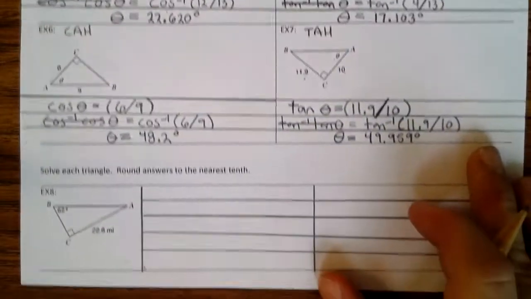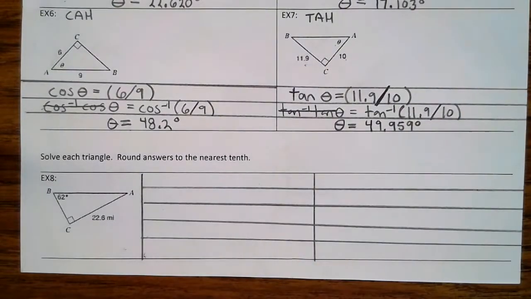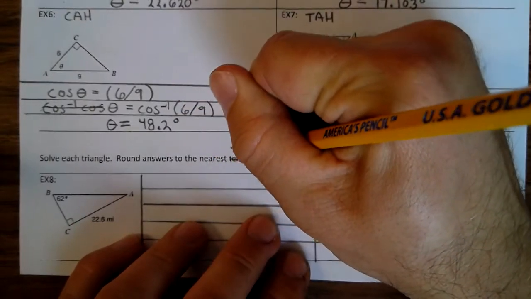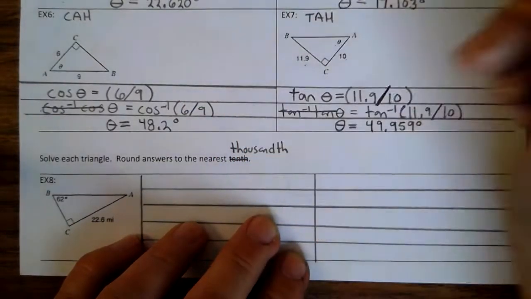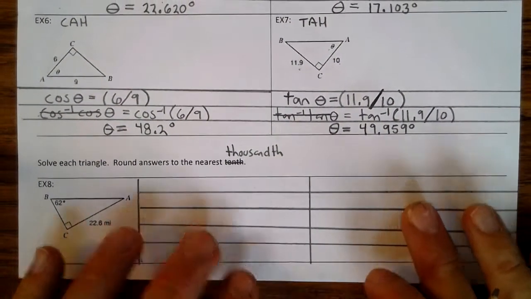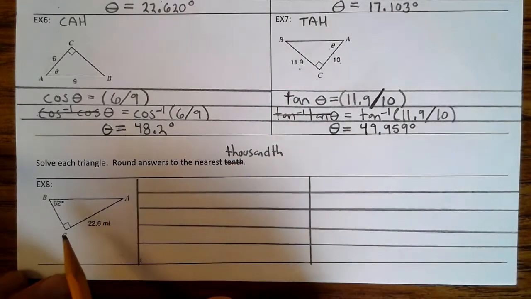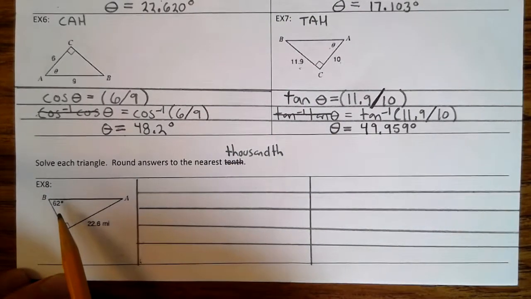All right, now let's take a look at example 8. It says solve each triangle, round to the nearest thousandth. All right, so it looks like the first thing we can probably find is BC, because we can use a trig function.